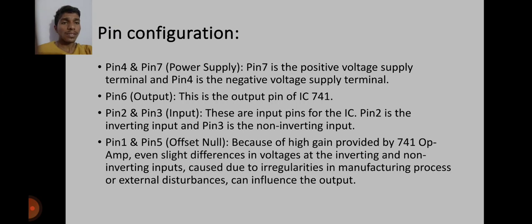Even a slight difference in the voltages at the inverting and non-inverting inputs, caused by irregularities in the manufacturing process or external disturbances, can influence the output. So to overcome this, pin 5 and pin 1 are used as the offset nulls. In some applications we are not using these offset nulls; only in some applications are we using them.